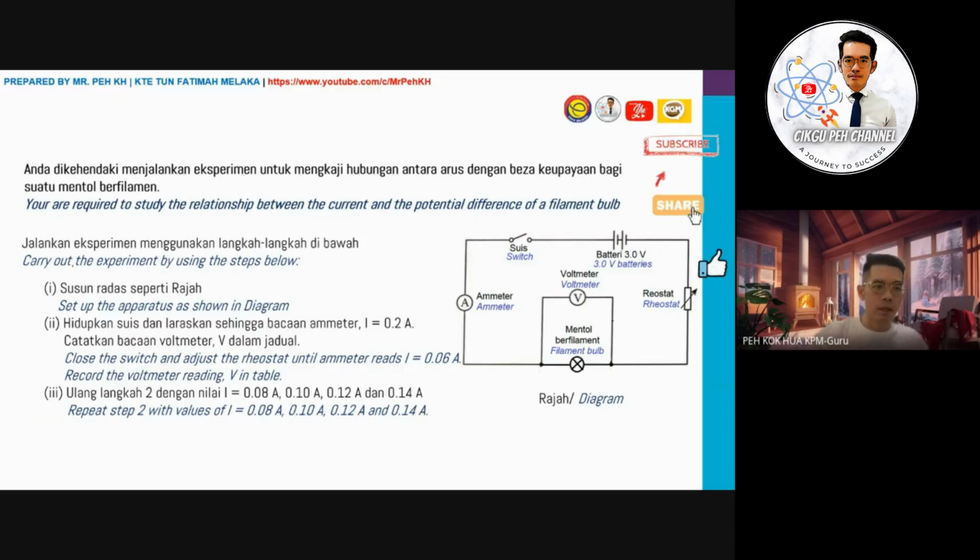Okay, so you can see, carry out the experiment by using the steps below. Set up the apparatus as shown in the diagram. The diagram here is very clear already, showing how we connect all the components.